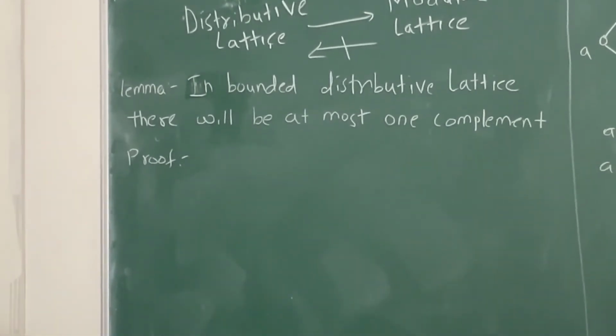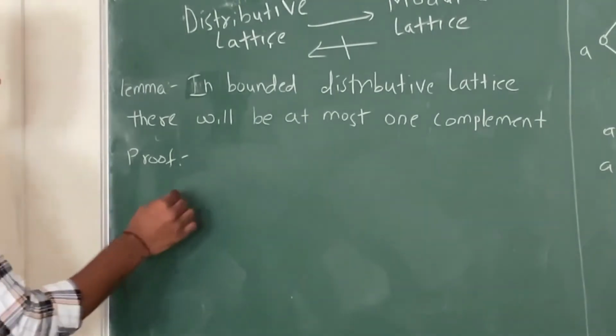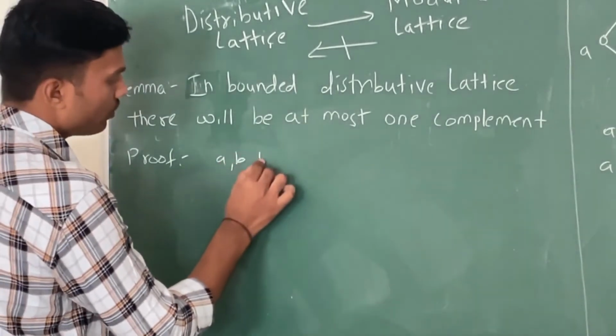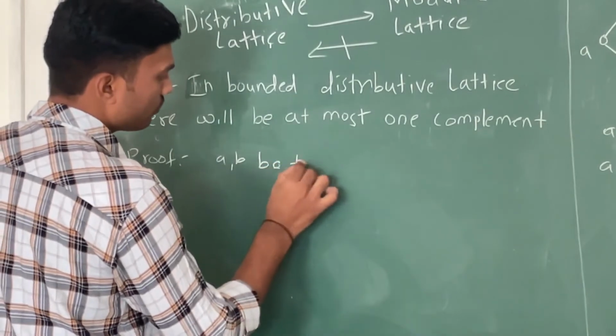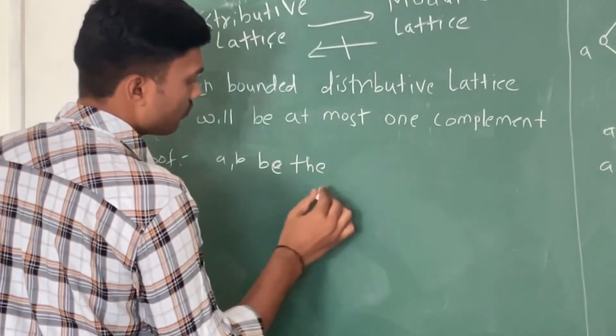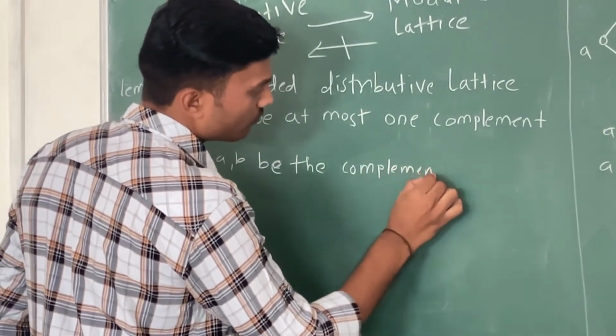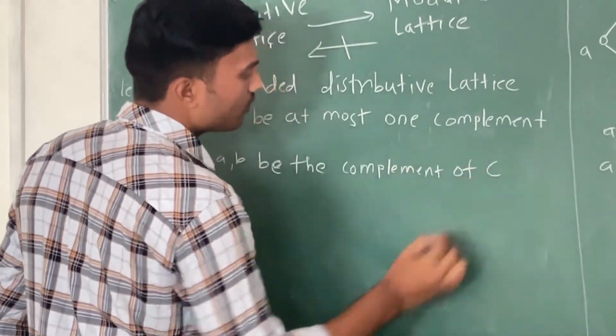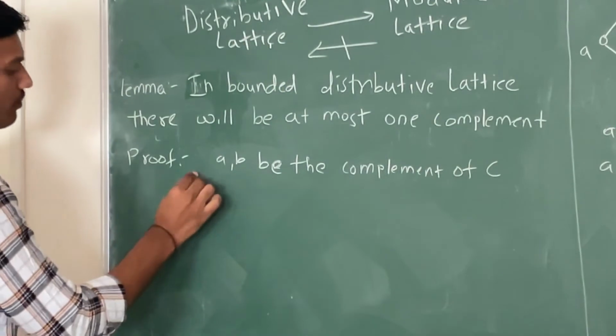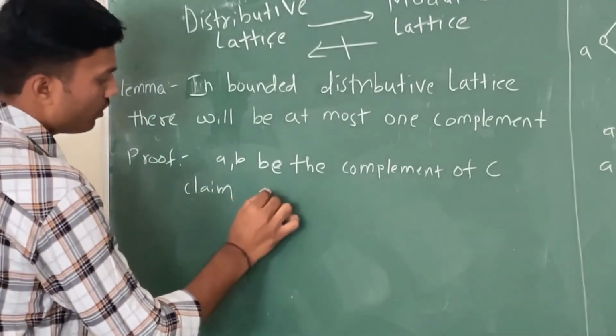Now suppose that there exist two complements of one element, A and B; then we will show that these two are equal. Our claim is A is equal to B.